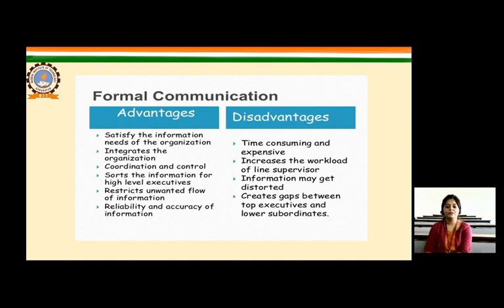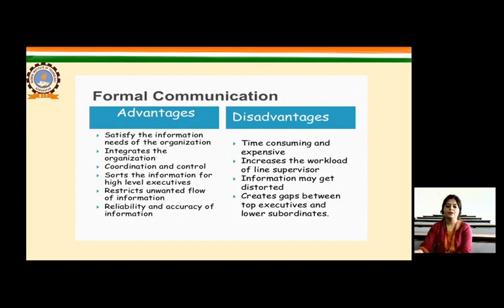Then we have, it restricts the unwanted flow of information. Because formal communication is something which is recorded, something you have on record, maybe in oral form, but mostly in written form. Whatever communication you are having in formal mode, nowadays you have everything in mails, reports or documentation.